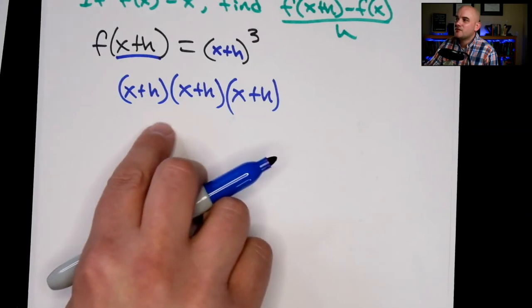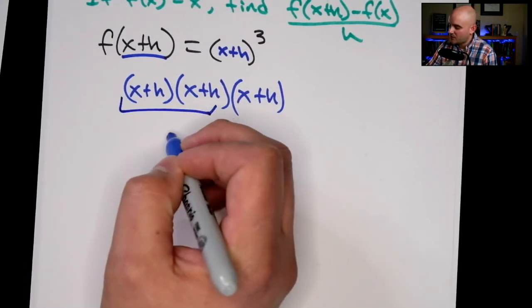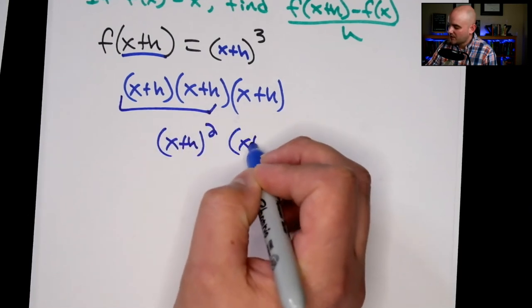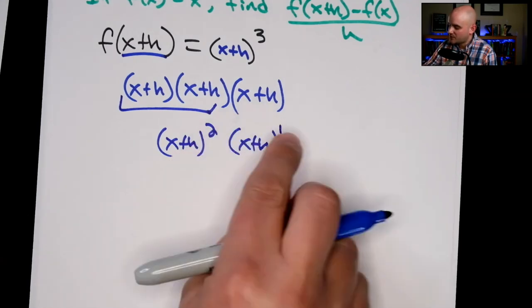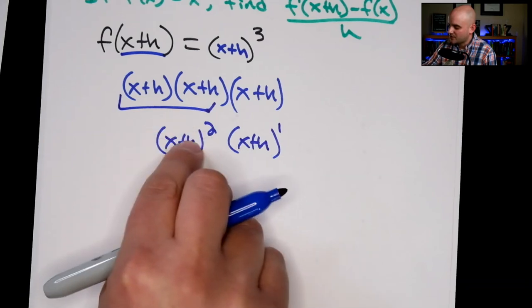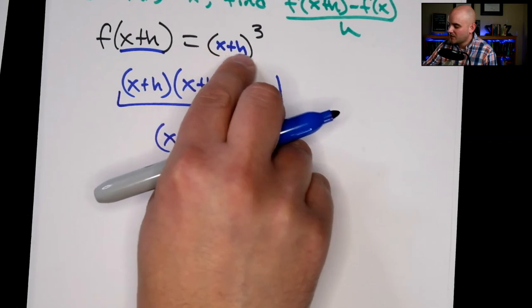I'm going to do something similar to this, but just to help myself out, I'm going to look at these two right here as x plus h squared, and I'm going to multiply x plus h times it. Notice this is to the power of 2, this is to the power of 1. If I multiply these, x plus h squared times x plus h, I'm going to get x plus h cubed.